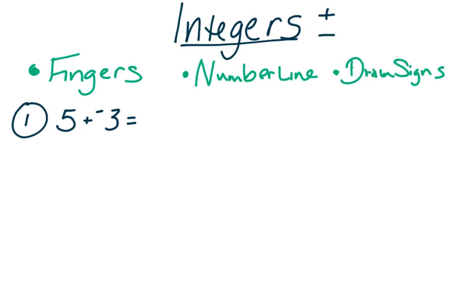If I have 5 pluses, 1, 2, 3, 4, 5, plus 3 minuses, 1, 2, 3, we know that a plus and a minus cancel each other out, so we're left with 2 and they're pluses. So I can just say that the number 2, it's a plus 2. I can write the plus in front of it, or I don't have to. Either way is fine. Okay?